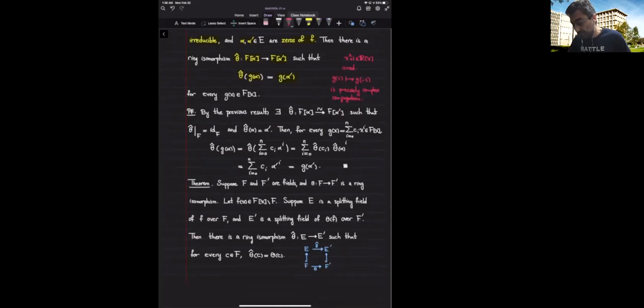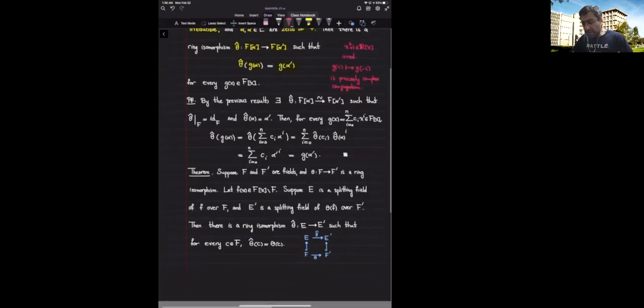Okay, so how does the proof go? The proof is an immediate consequence of the lemma that we proved in the previous lecture. So theta from F to F, we take it to be the identity map. Then by the lemma that we proved in the previous lecture, we do know that there exists some ring isomorphism between F[alpha] and F[alpha prime], such that when I restrict it to F, I end up getting theta.